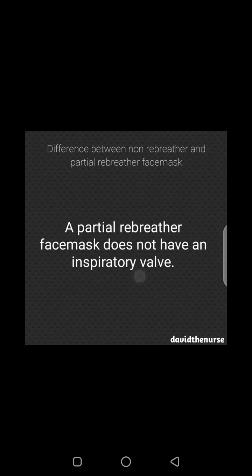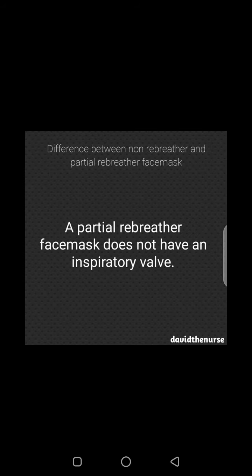Especially we must watch out for any collapse in the reservoir bag. If the oxygen pressure is getting low, the reservoir bag will collapse. If anything detaches the patient from the oxygen source, the reservoir bag will collapse. So anytime we see the reservoir bag collapsing, we must pay attention to it to ensure that the patient does not suffocate and have CO2 retention. That is very important to know.